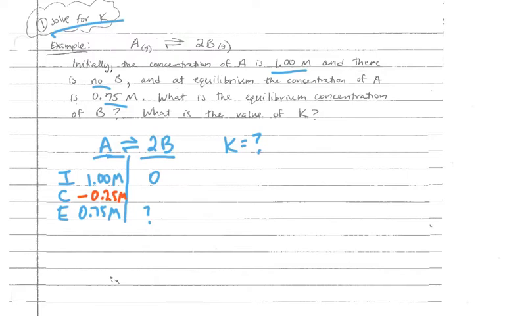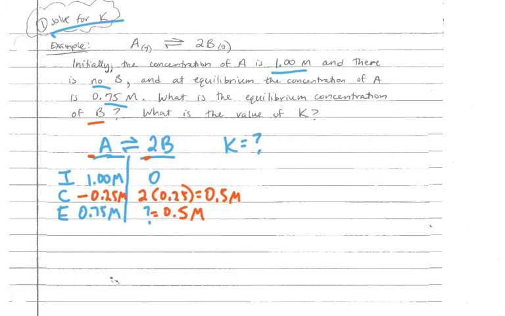From the stoichiometry, for every 1 A, we make 2 B. So if A went down by 0.25, then B went up by 2 times 0.25, which is 0.5 molar. If we started at 0 and went up by 0.5 molar, then the concentration of B at equilibrium is 0.5 molar.